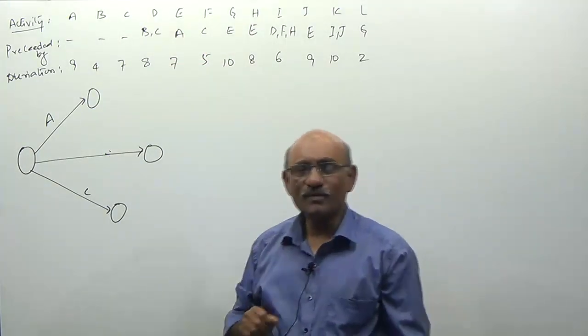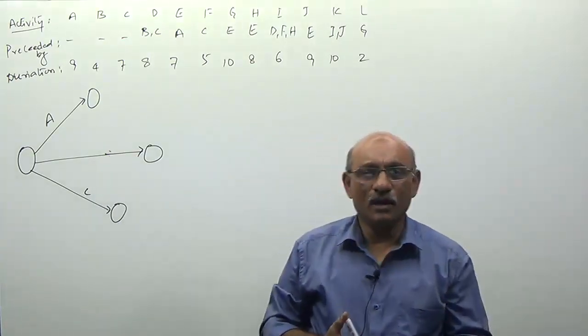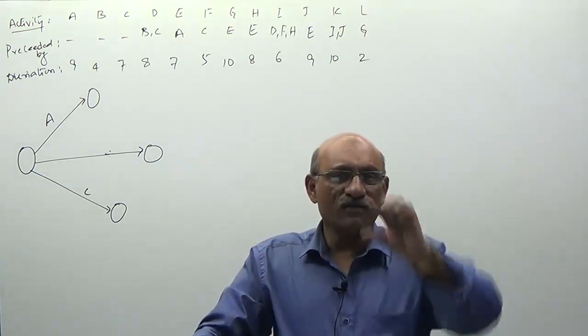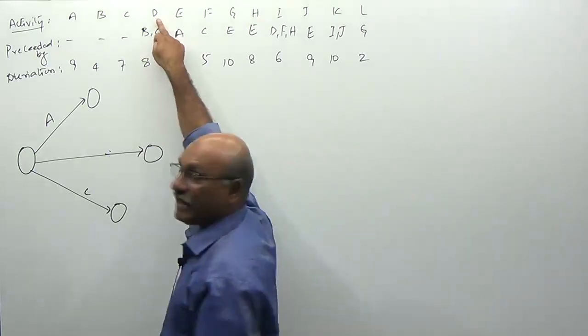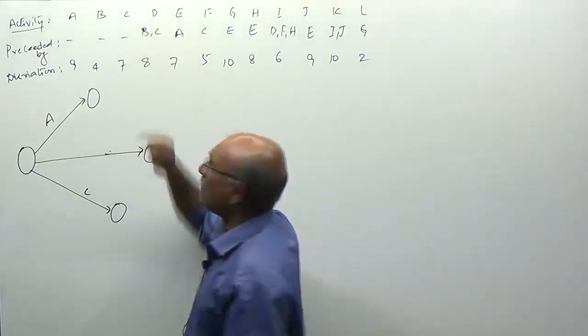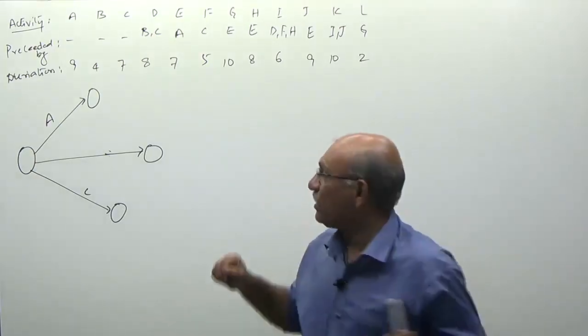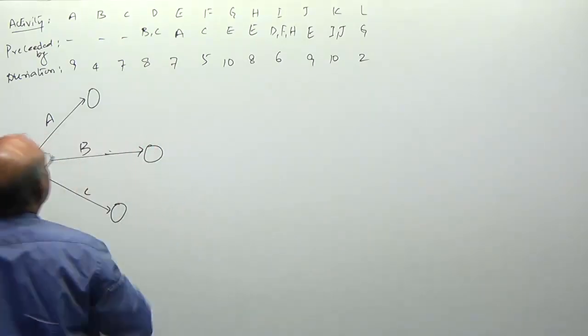One more important point to remember when drawing the network: if any activity has more than one predecessor, first join those activities. For example, for activity D, B and C are the predecessors. So first we have to join B and C at one place.